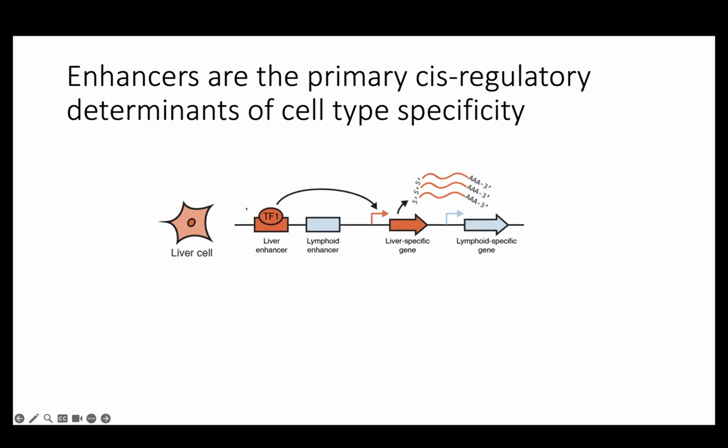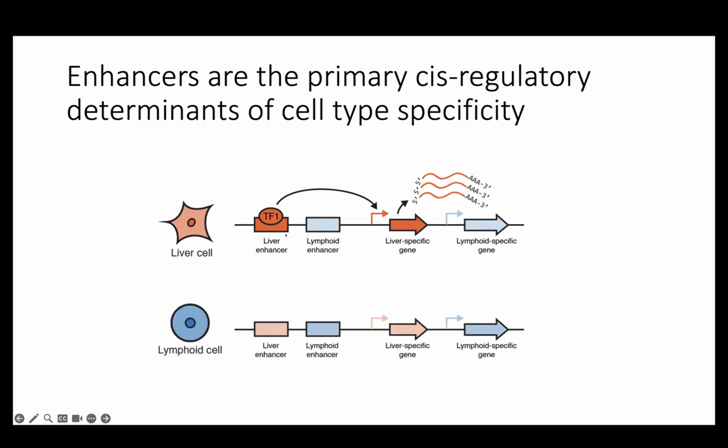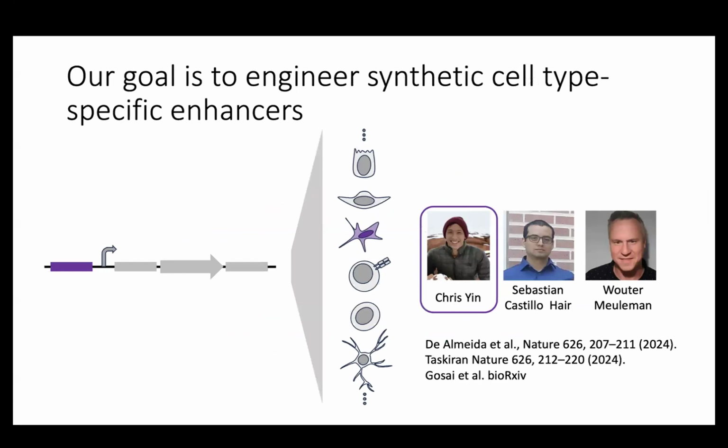And then if the transcription factor is bound, somehow some interaction between the enhancer and a cognate gene promoter can occur and drive expression of a target gene, right? If in this other cell type, a different enhancer is bound by a different transcription factor, this will activate different sets of downstream genes. Okay, so that's essentially how enhancers control cell type specific expression.